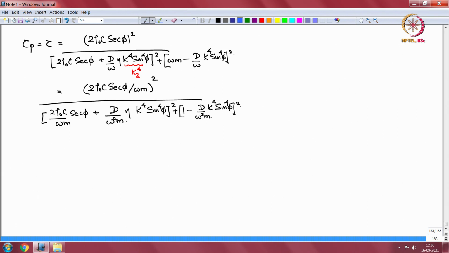Remember, d by omega square m is kb fourth.